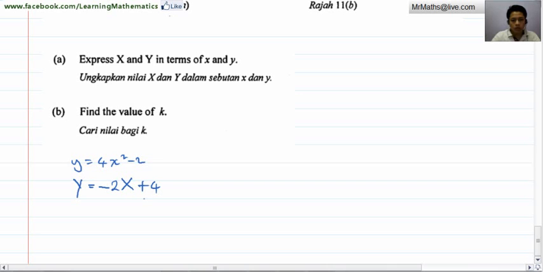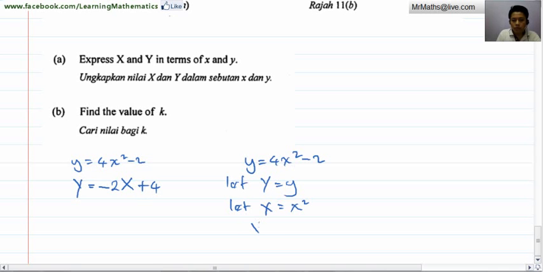Normally if you're asked to transform this equation, 4x squared minus 2, we'll assign let capital Y become y, and let capital X become x squared. Then we know how to transform it.